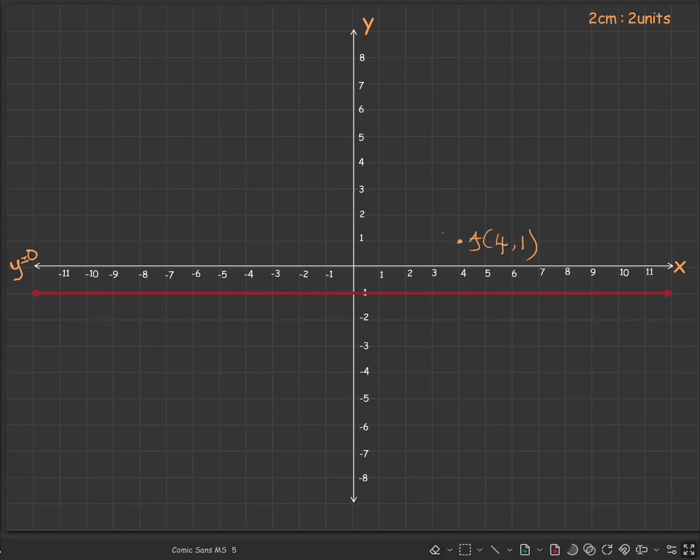So point A being 4, 1, and we want to reflect it over our mirror line. Just as we've done without the formula, that is with a ruler, we know it is just 2 boxes away from our mirror line. So 1, 2. So if this is the mirror, then the image is going to be around here.